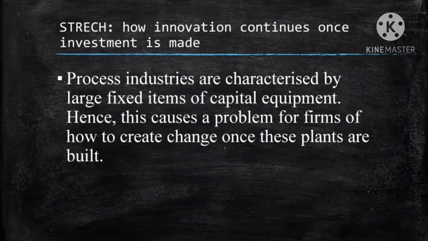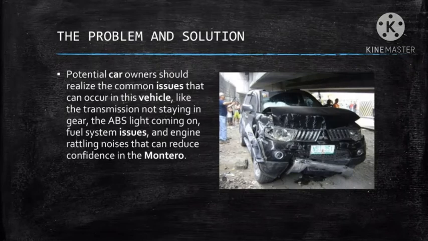The next is stretch. How innovation continues when investment is made. Stretch is the mechanism by which established plans incorporate improvements in process and product technology and make higher output and new product as a result. And my example is the Montero Mitsubishi.